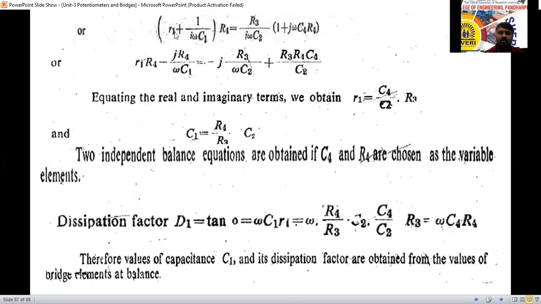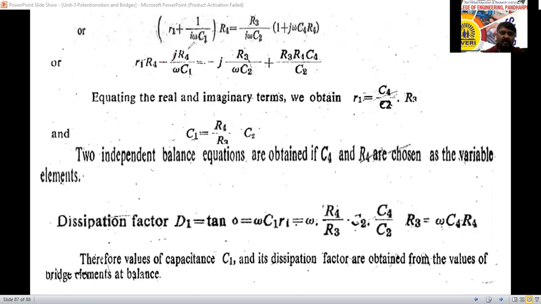Now R1 into R4 I have written as it is, plus, here 1 by j can be written as minus j, so the minus j comes on top. Is this understandable? Here 1 by j we can write as minus j, so for that reason they have considered minus j here.